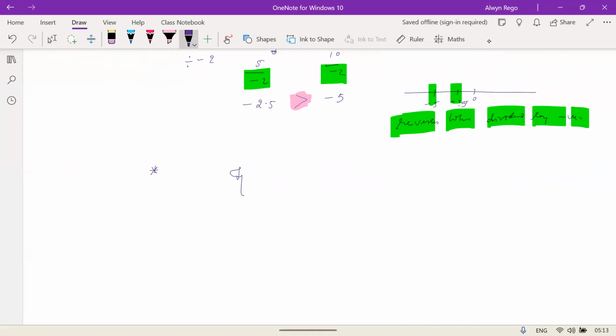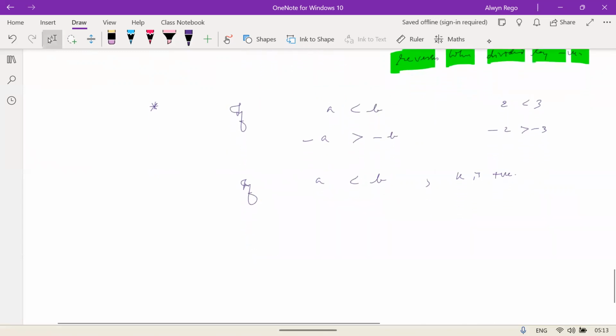So if you have A is less than B, then negative A, you can say, is more than negative B here. If you have, let's say, 2 is less than 3, but -2 is more than -3. So if you multiply both the sides by a negative number or negative sign, the inequality will reverse. If you have, let's say, A is less than B and K is a positive real number, you'll find that minus KA is more than minus KB here.